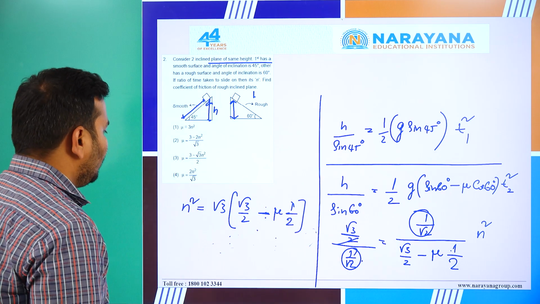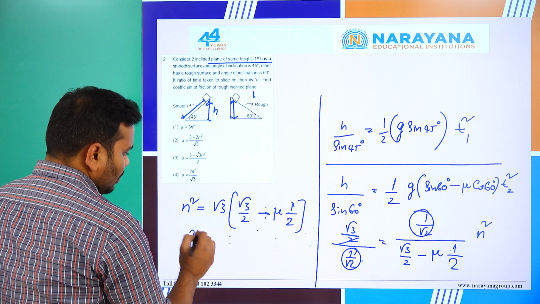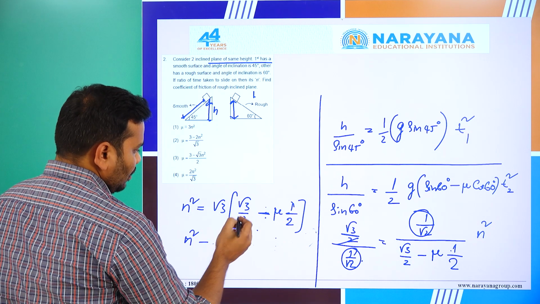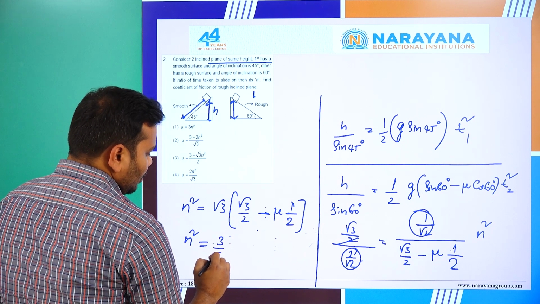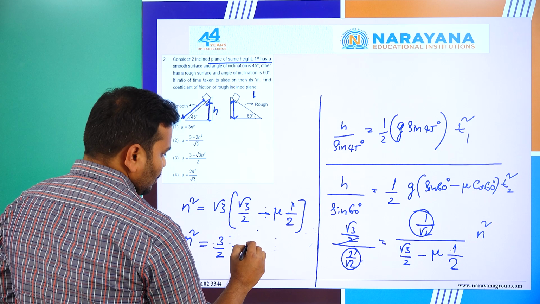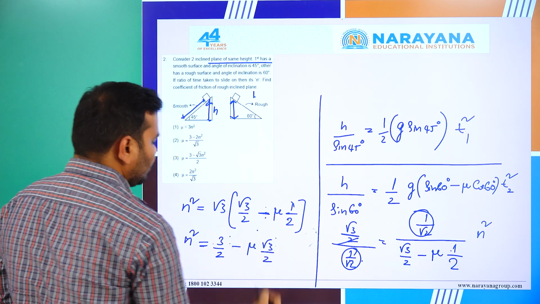This thing you are getting, and so minus this, n square is equal to 3 by 2 minus mu into root 3 by 2.